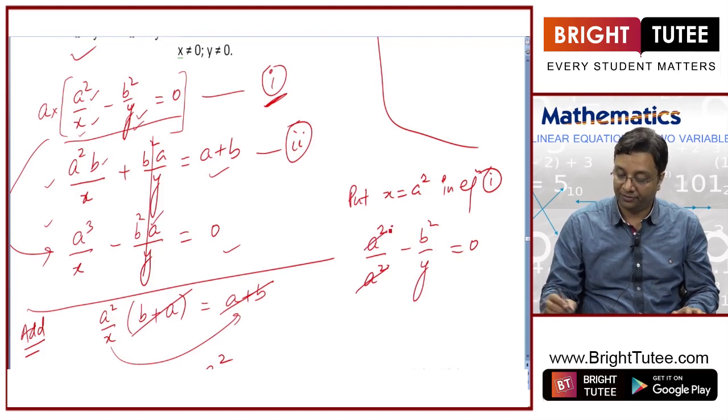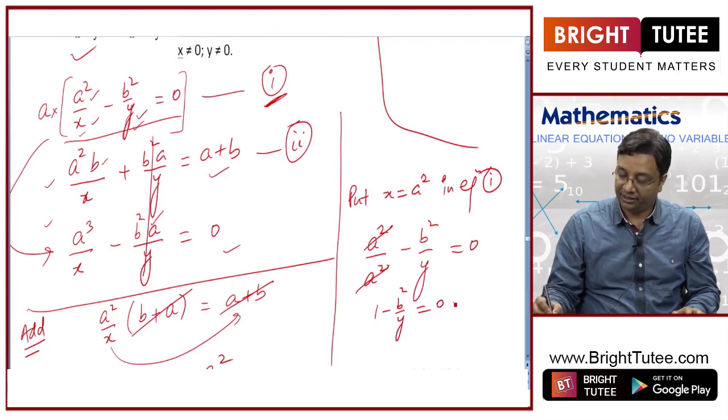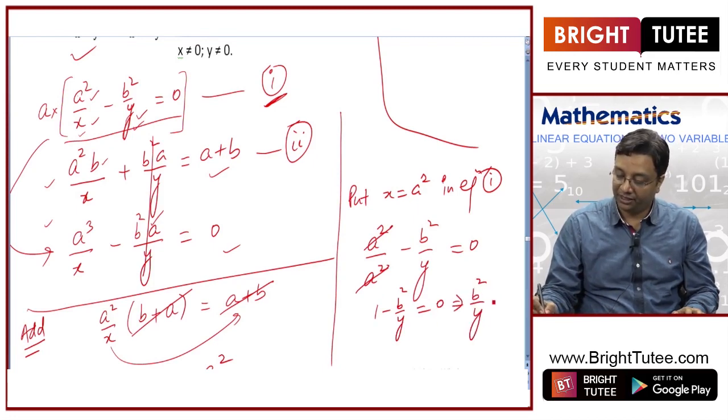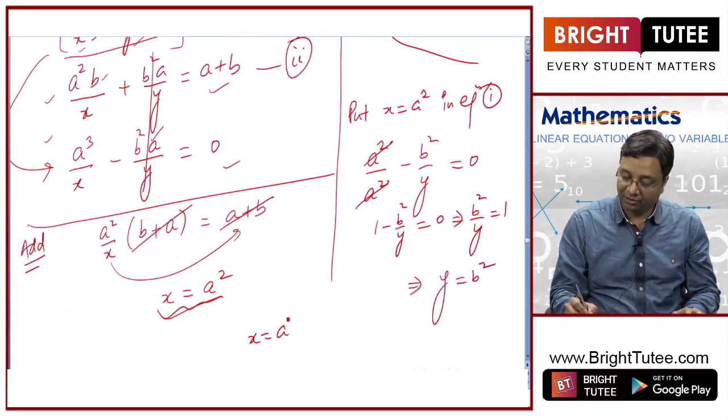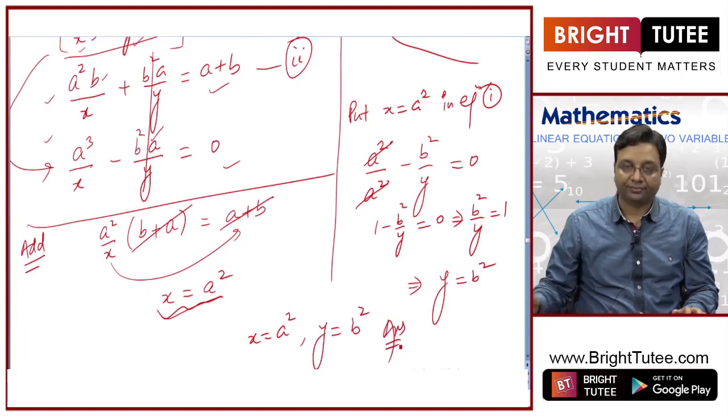Now this will become 1. So 1 minus b square by y is equal to 0. So I can say b square by y is equal to 1. Hence y is equal to b square. So my answer is x equal to a square and y equal to b square.